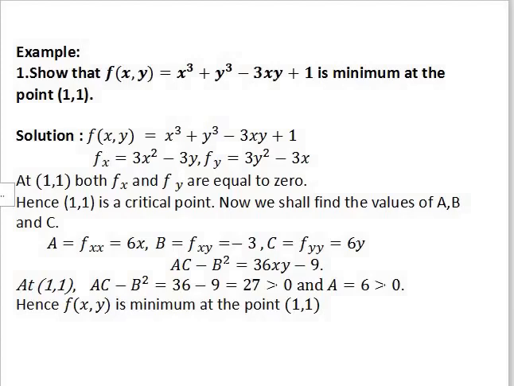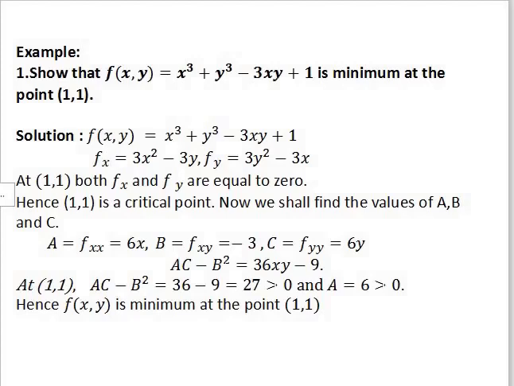Now, we shall find the values of a, b and c. A equal to fxx means differentiate the function fx partially with respect to x, that is 3x square. Derivative of 3x square is 6x, and 3y is constant 0. B is equal to fxy.